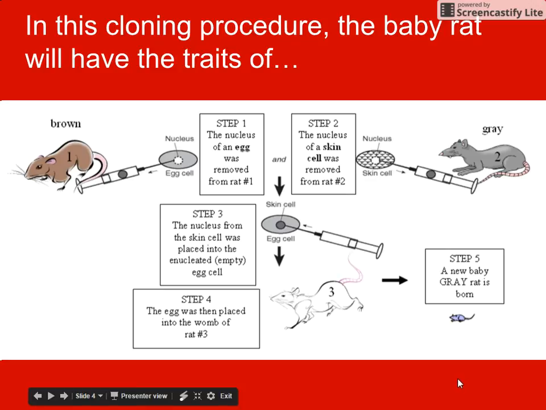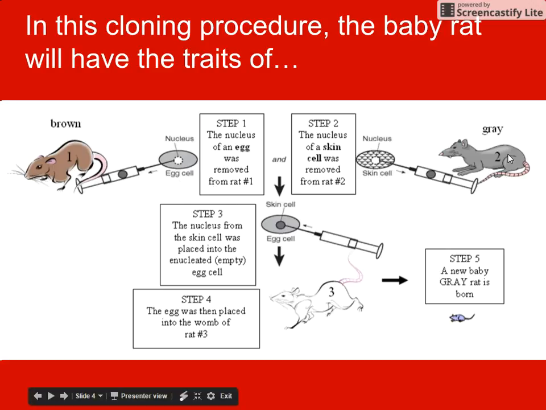Hopefully you were able to look at the diagram and notice that for the brown rat, rat number 1, the nucleus of its egg cell was removed. Hopefully you thought to yourself, okay, the nucleus is where the genetic material is found. So if the nucleus of egg 1 was removed, then so is its genetic material.